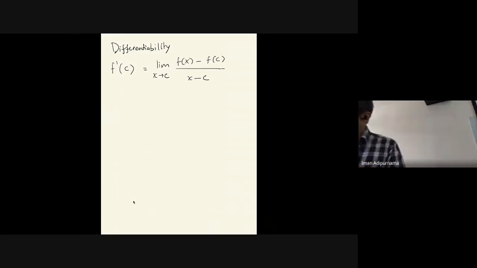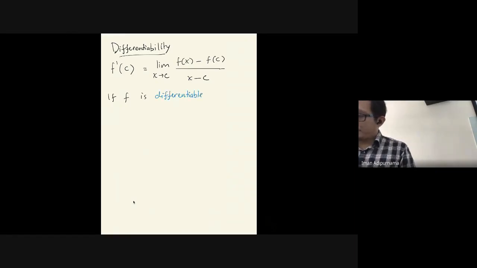Okay. The differentiability start with if the function is differentiable at x equals c. Then f is continuous at x equals c. That's the first one.